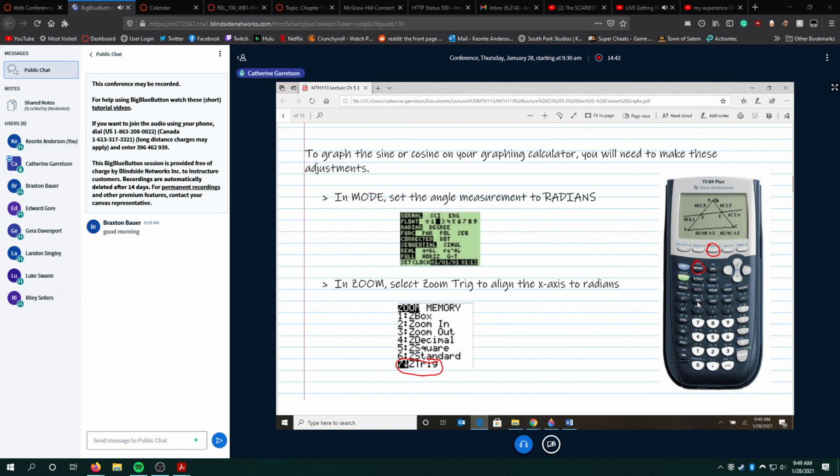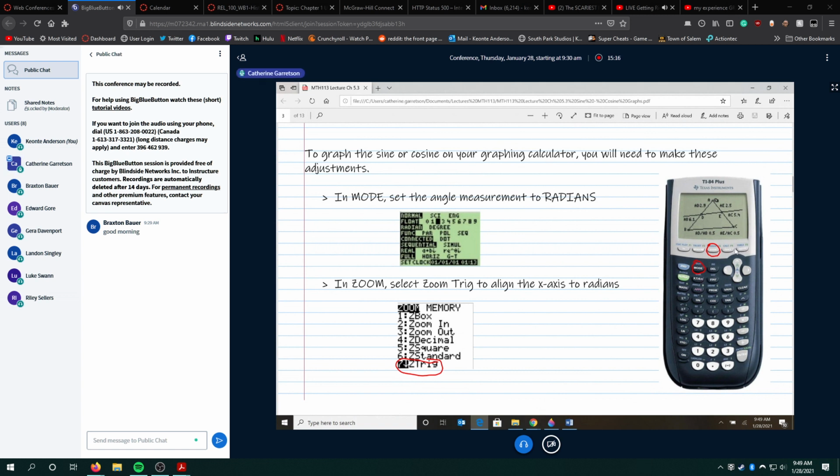And then you've got to say your angle. If it's just an x or just a theta, all you do is hit the variable key. So I'll hit sine, and then I'll hit my variable key, and it's going to put your answer as x, but don't worry about that. Maybe your problem said theta, but that doesn't matter, because it's going to graph the sine of x, and that's what you want. And then I just hit graph.